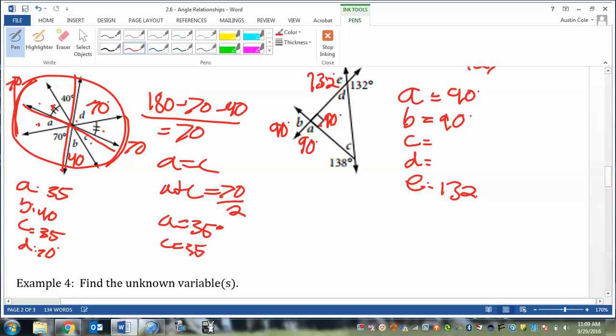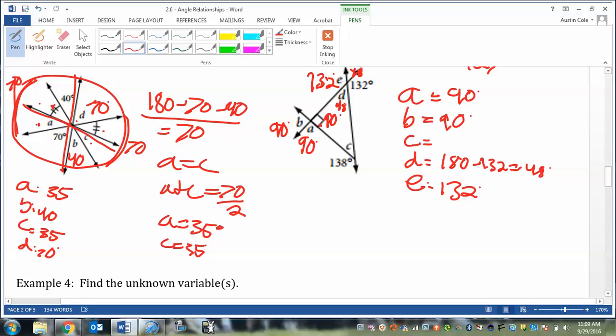Why 180 minus 132? Because it's a supplementary angle. Okay, and then 48 degrees is a vertical angle of angle D. So you got 48 up here, and 48 for here, right? And then you take 180 minus those two angles combined.